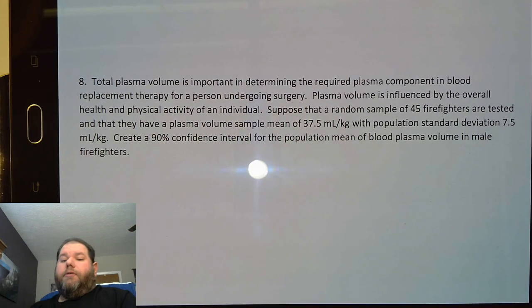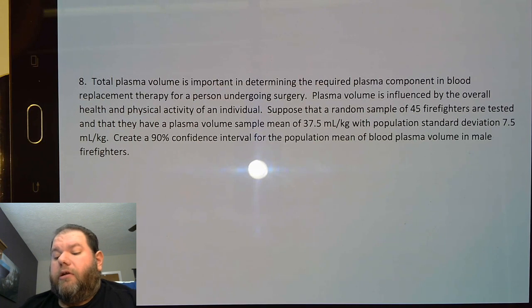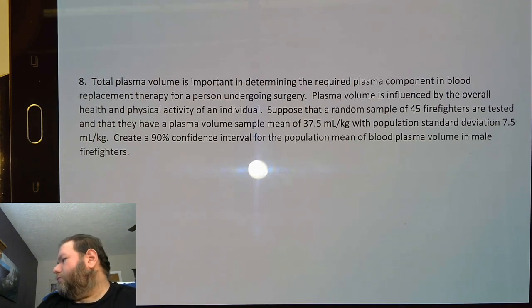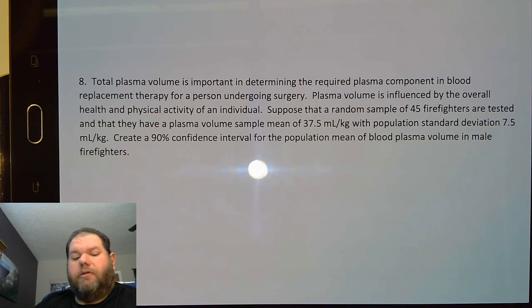So there's our question. And are we dealing with the population standard deviation or the sample standard deviation here? Sample? Population? It's one of those two.